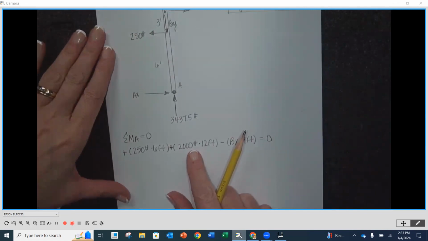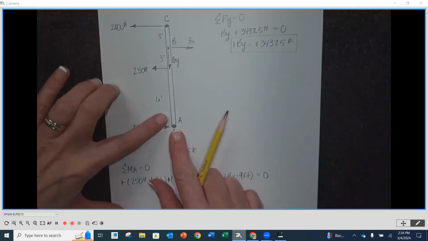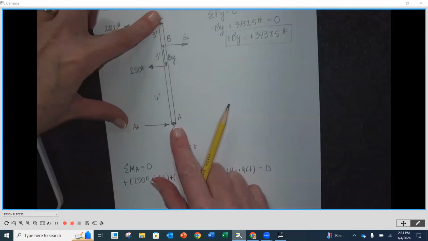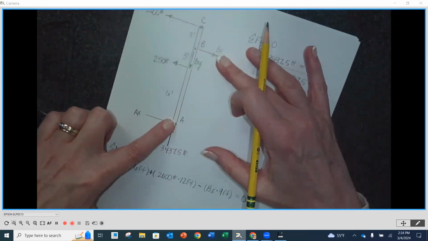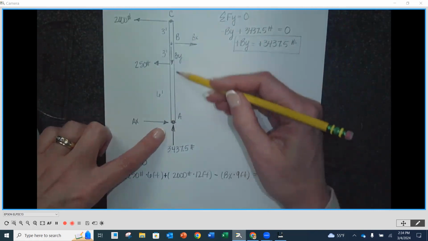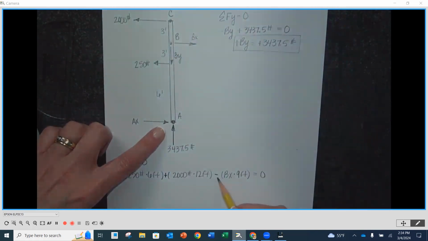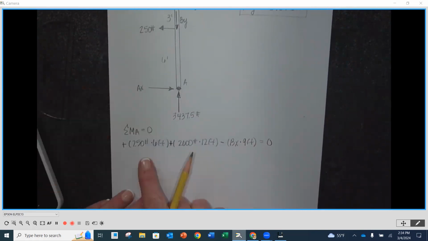I've got 2,000 times 12 feet, positive out front. And then I've got my BX times 9 feet, negative out front, because it's going clockwise. And I set that equal to 0. So my only unknown here is my BX. So I can go ahead and combine these, put them to the other side and solve for BX.